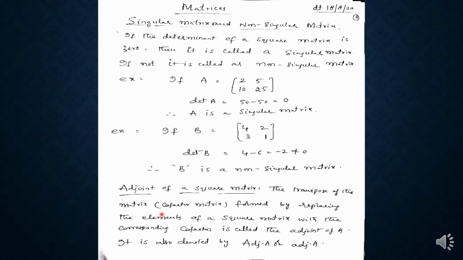So the transpose of the cofactor matrix, formed by replacing the elements of a square matrix with the corresponding cofactors, is called the adjoint of A. It is also denoted by adj A. So simply we can write adjoint A is equal to the transpose of the cofactor matrix, that is, cofactor matrix whole transpose.